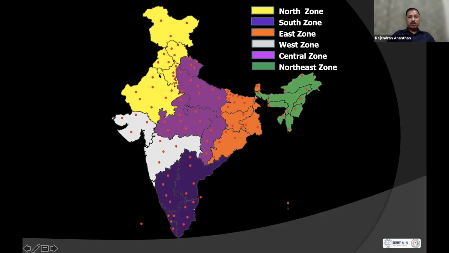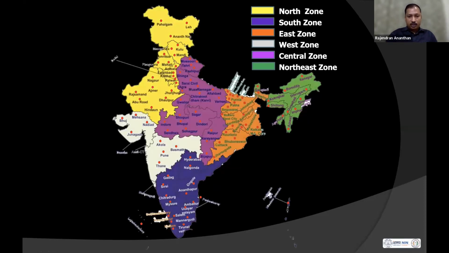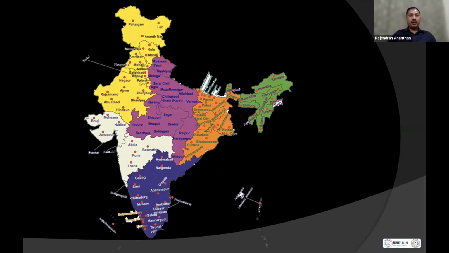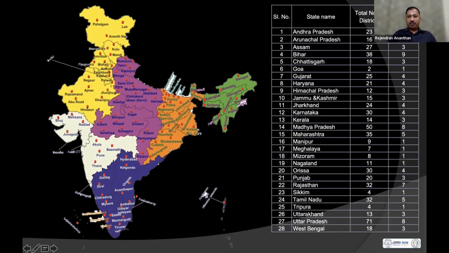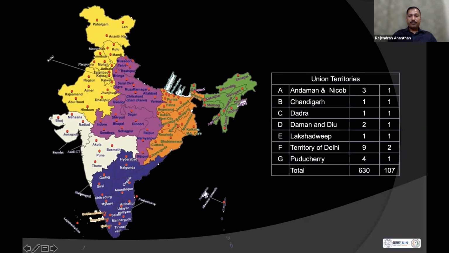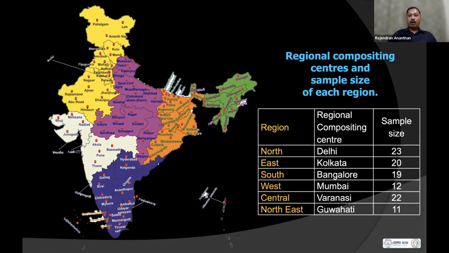So like this, the 6 parts: north, south, east, west, center, and northeast. After identifying the sampling centers, these are the states and selected districts for sampling, including union territories. These are the different union territories.